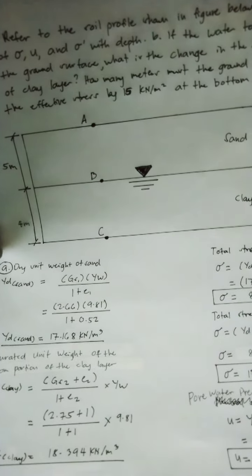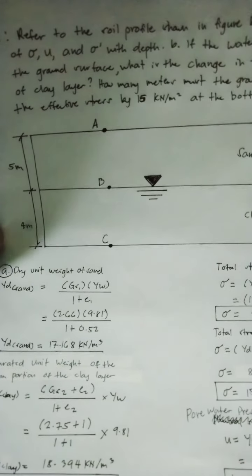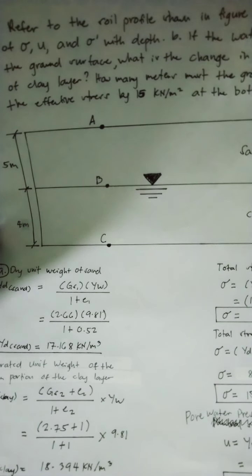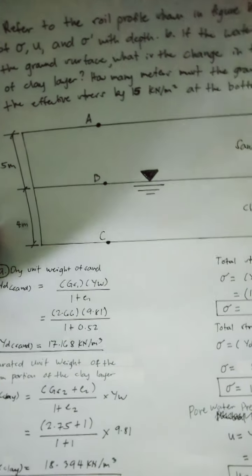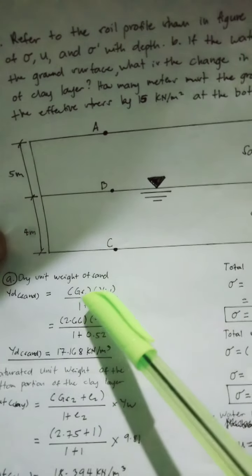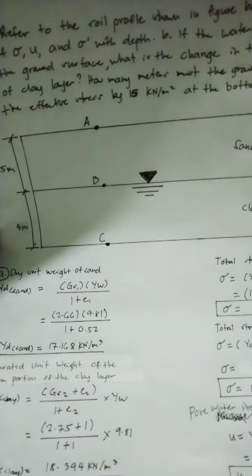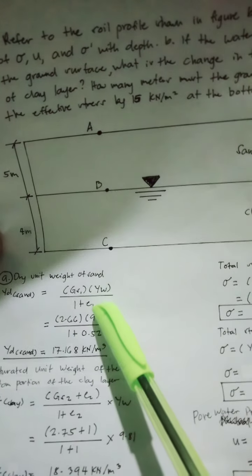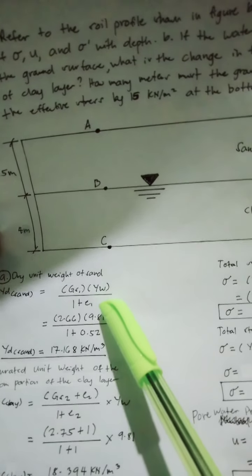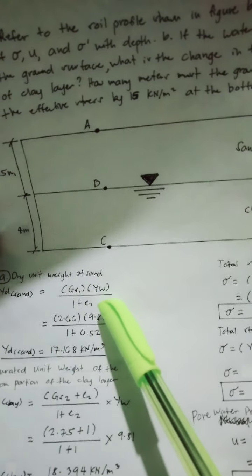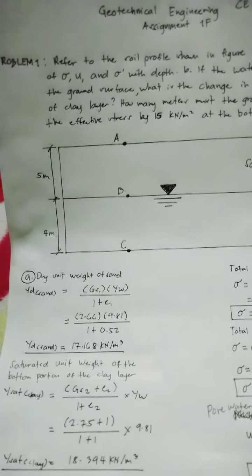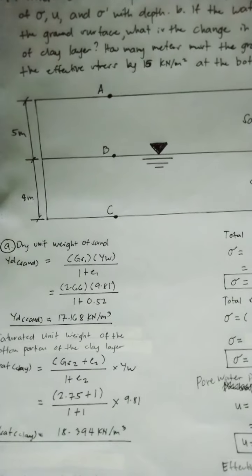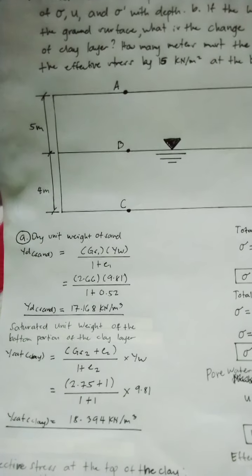We have the specific gravity times the water unit weight over 1 plus the void ratio. Since all variables are given, it is 2.66 times the water unit weight, 9.81, over 1 plus the void ratio 0.52.